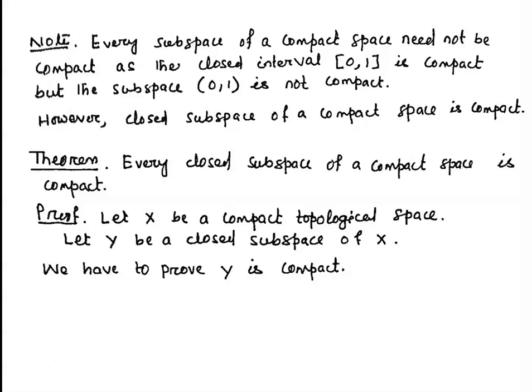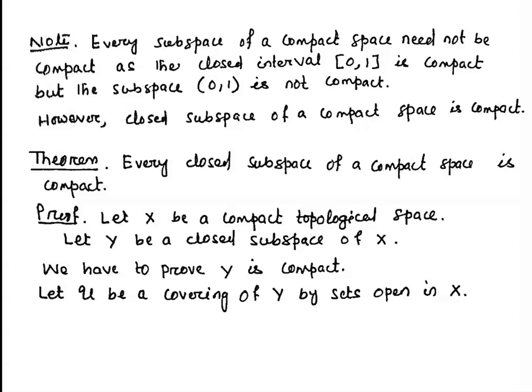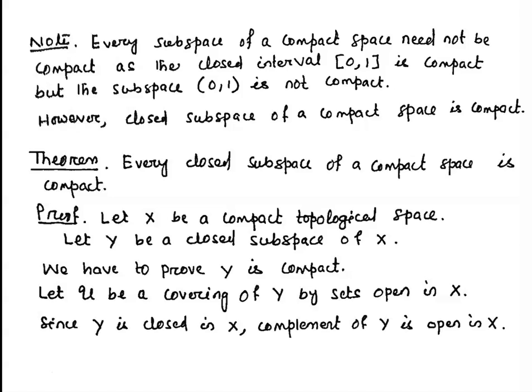To prove Y is compact, let us take an arbitrary open cover of Y by sets open in X. Let U be a covering of Y by sets open in X. That means the members of this collection U are subsets of X and those subsets are open sets in X.